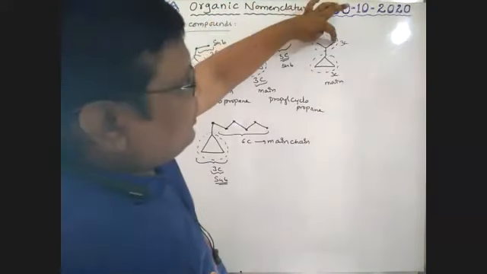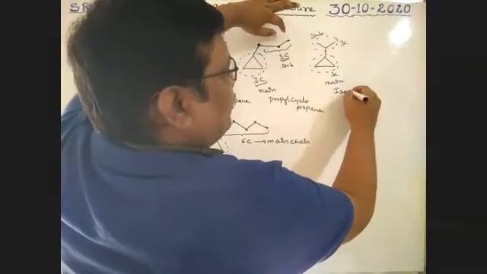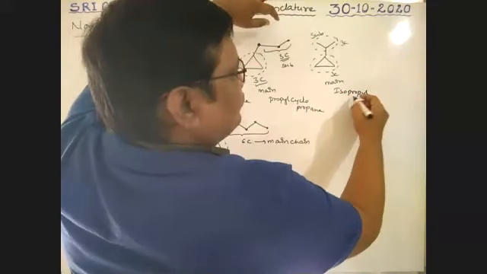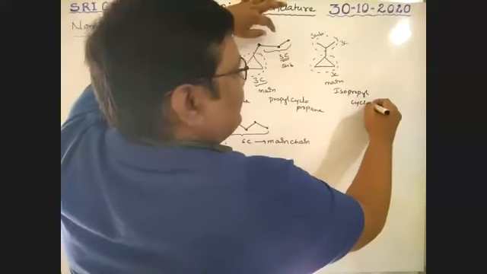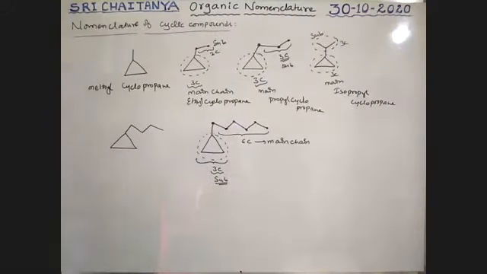Now it is an iso group, isopropyl group. Therefore, isopropyl cyclopropane is the name of that compound.